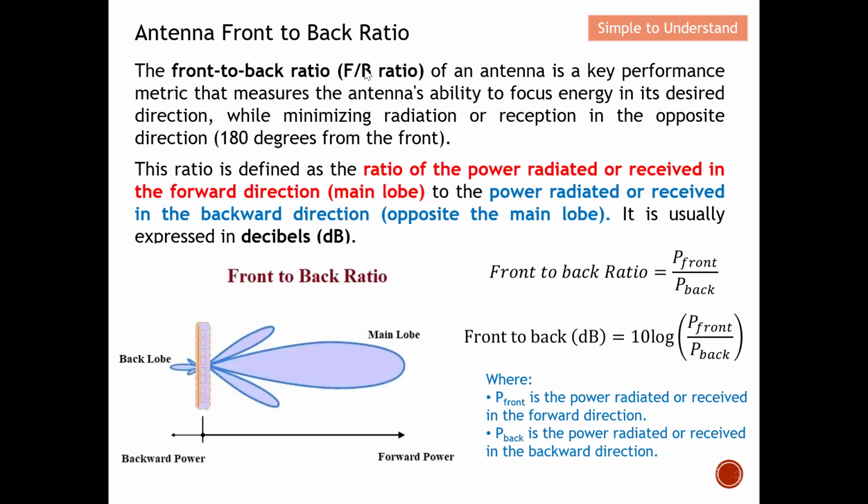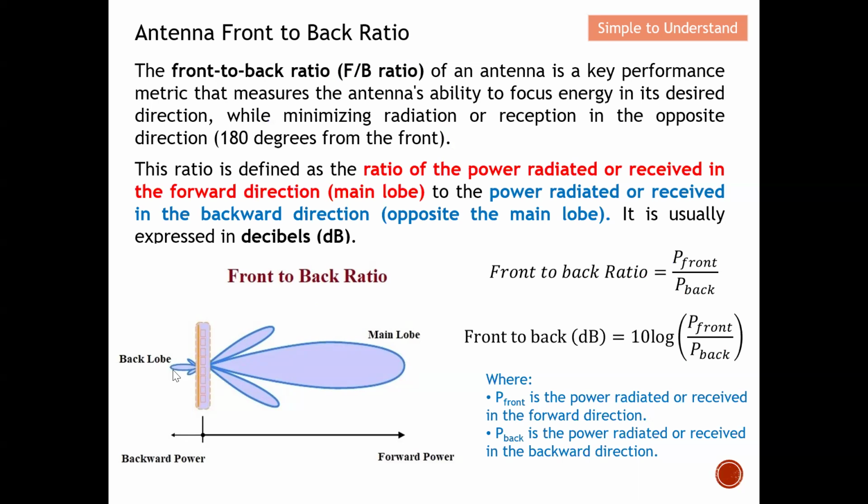The front to back ratio of an antenna is a key performance metric that measures the antenna's ability to focus energy in its desired direction while minimizing radiation or reception in the opposite direction. Which means this ratio will indicate how strong the forward power is versus the back power.